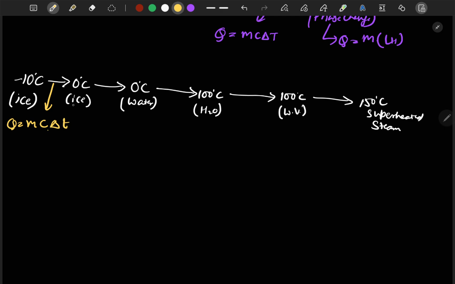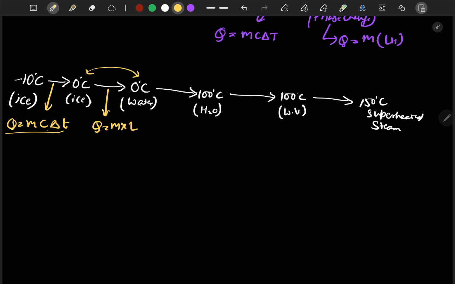Now here the temperature remains same, but the phase changes. So here before there was sensible heat, here it is latent heat. You can write it as Q is equal to m into latent heat of ice to water.